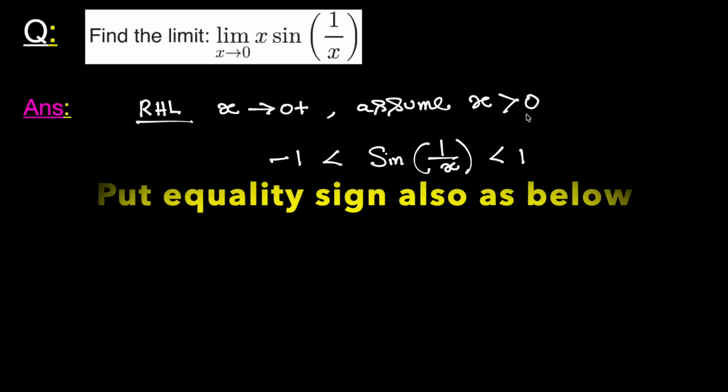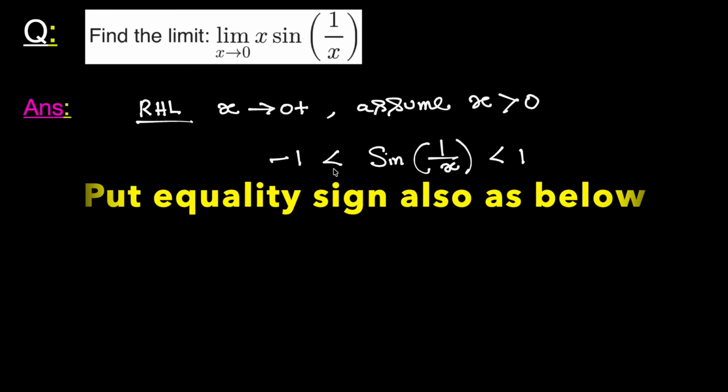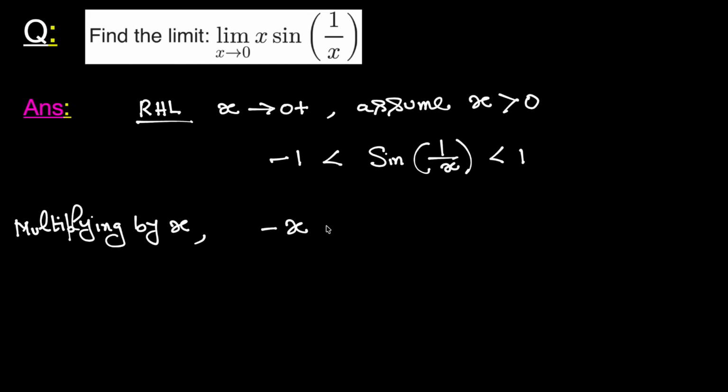As x is greater than 0, that is positive, so multiplying both sides of this inequality by x, we obtain that minus x less or equals to x times sine of 1 by x less or equals to x.